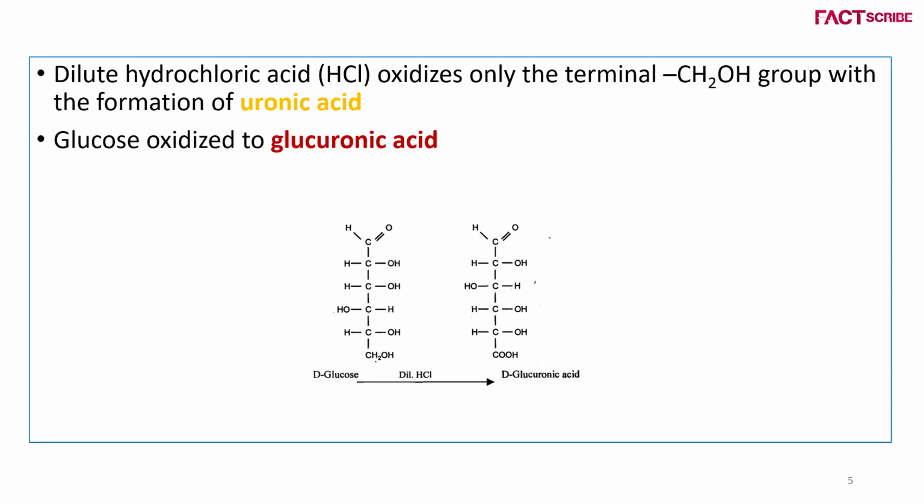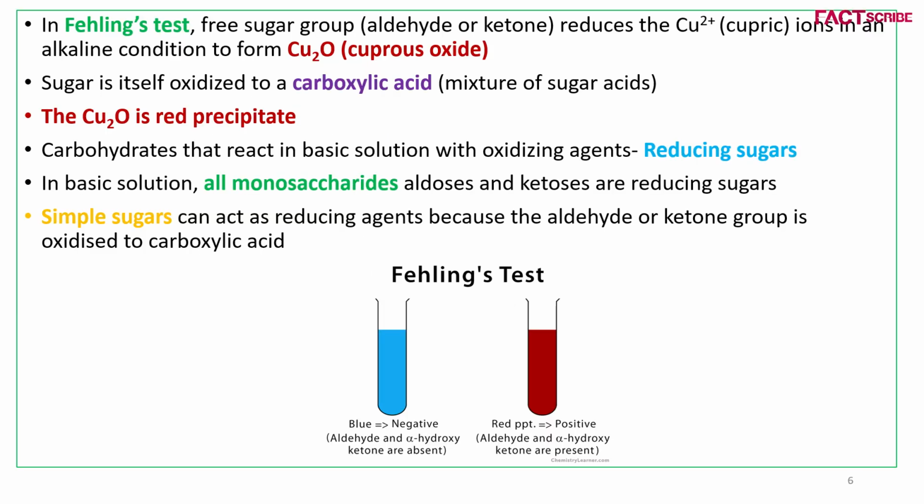Now let's see the formation of uronic acid, that is, dilute hydrochloric acid oxidizes the terminal CH2OH group to form uronic acid. In case of glucose, it is oxidized to glucuronic acid. One of the important tests for identification of a monosaccharide is Fehling's test.